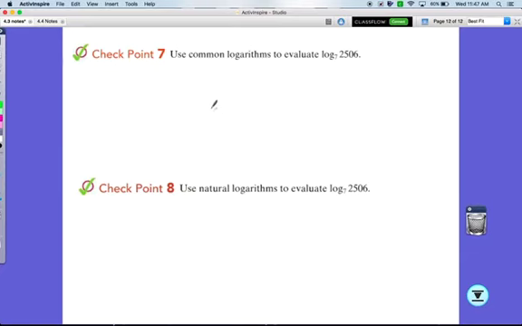All right, using common logs, this becomes the common log of 2506 divided by the common log of 7. All right, which I would stick in my calculator.